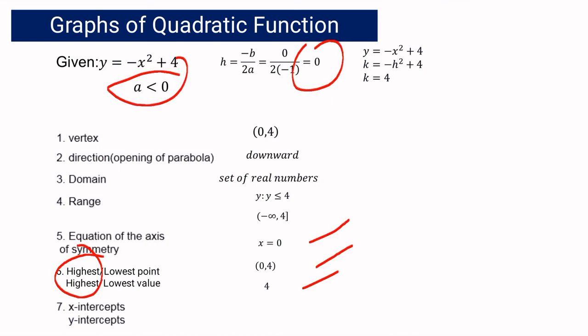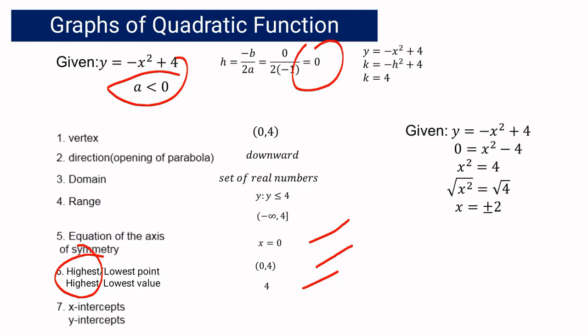To get the x-intercept, that is the value of x when y is equal to 0, we simplify our equation. What happened here? We just changed the sign of our terms for us to solve it easier. And we have x squared equals 4.